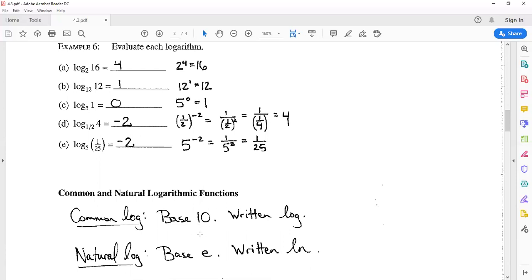I think this comes about from our desire to base everything in terms of 10 when we write our numbers, right? So they call this one for that reason the common log, because it's common for us to think of numbers as broken up into powers of tens, right? Like ones, hundreds, thousands, etc.